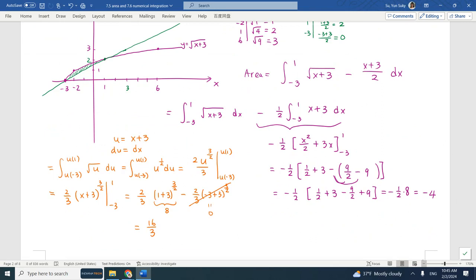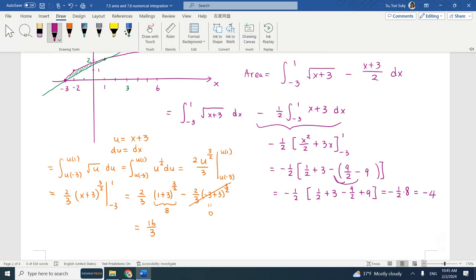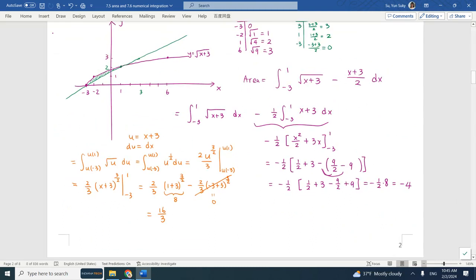Yeah, everybody? So our final answer. Come back. You can just say the area is this part, which is 16 over 3, and then this part is minus 4.